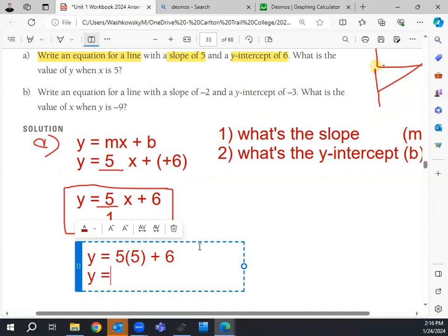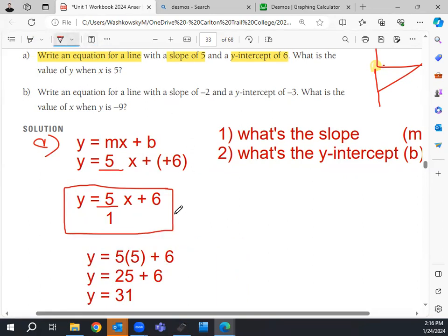So all I'm doing now is, well, 5 times 5 is 25 plus 6. Y equals 31. So this is the fancy way of saying, hey, when I have an x of 5, I have a y of 31.